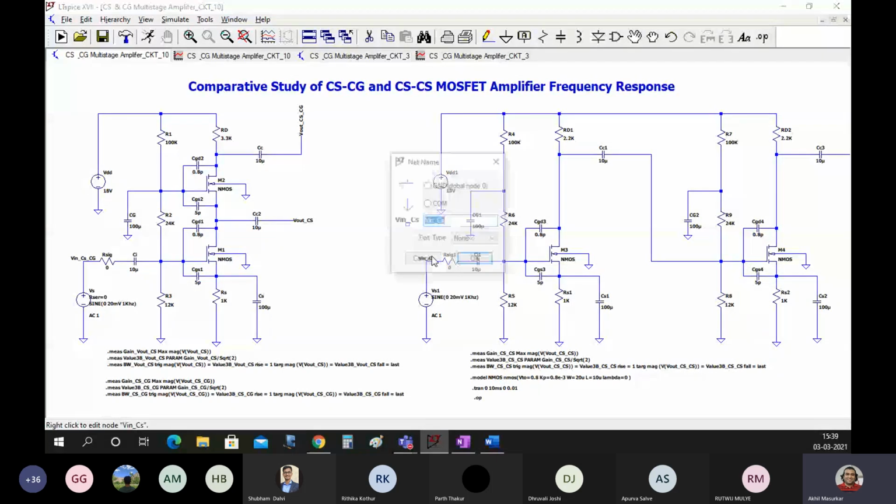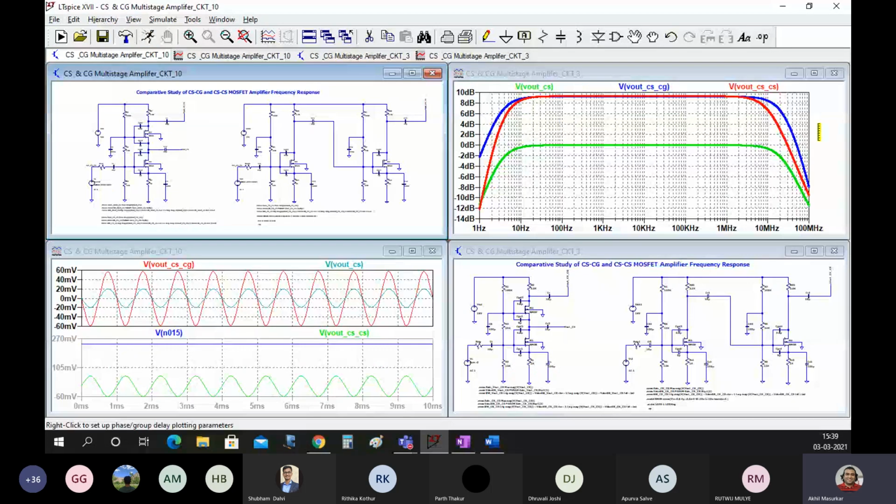And just try to run it. So now we get here, this is circuit 10.